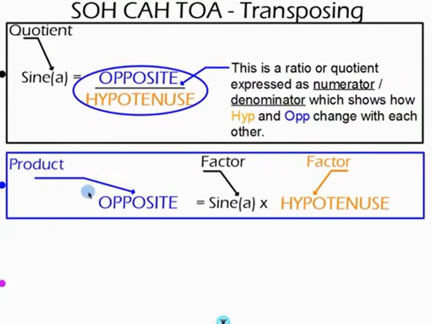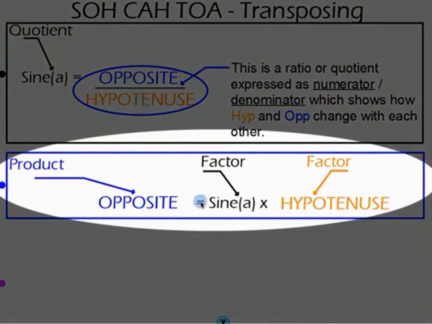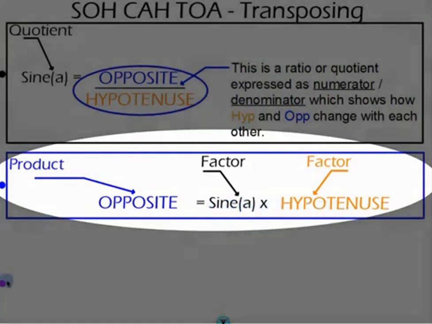So we could say, from transposition, if the sine of something is equal to the opposite over the hypotenuse, then the opposite length is equal to the sine of the angle times the hypotenuse, just from rearranging. So if we want to know what the opposite side length is, and we know the hypotenuse, we know what the angle is, so we can find the sine of it, which will just be a decimal number, and multiply it by the hypotenuse length.